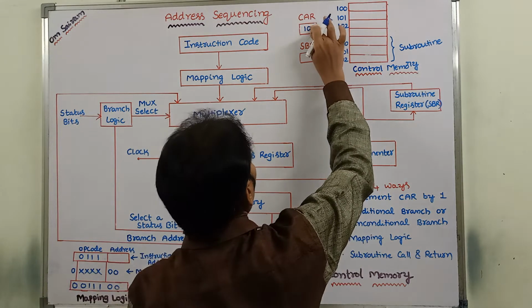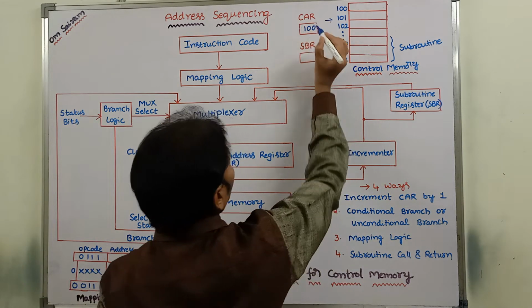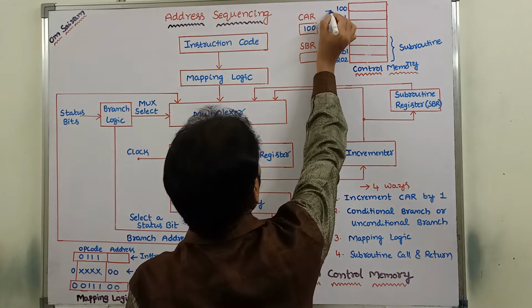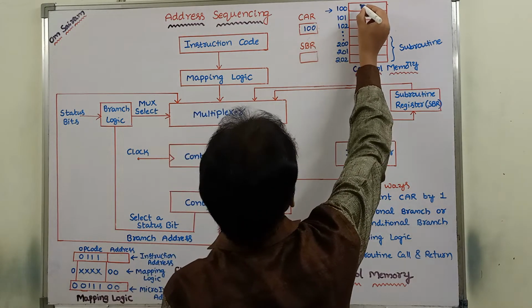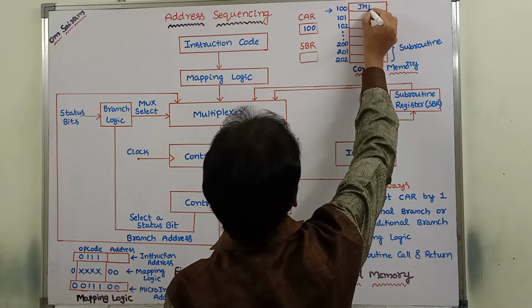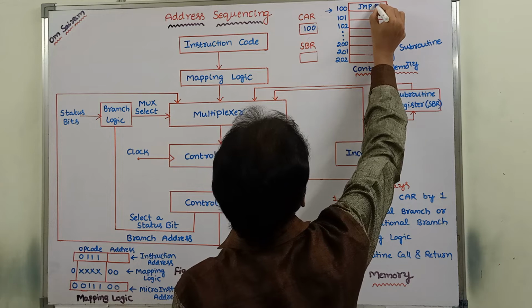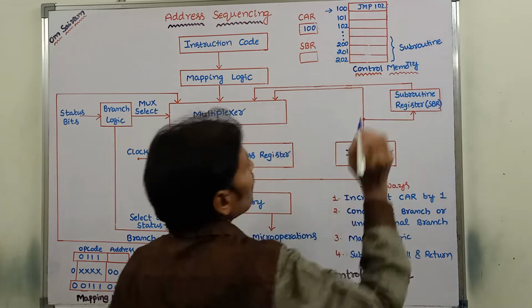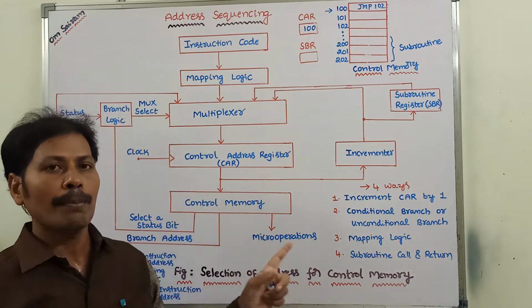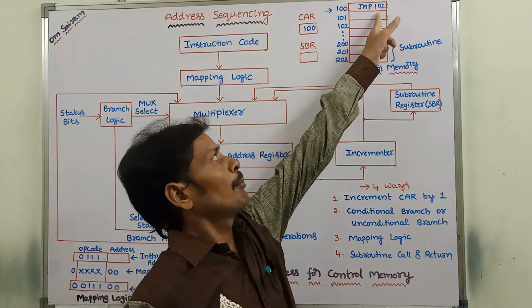Now we are executing the 100th micro instruction. In that instruction, the unconditional branch instruction is JMP 102. JMP is nothing but jump. This is the branch address.